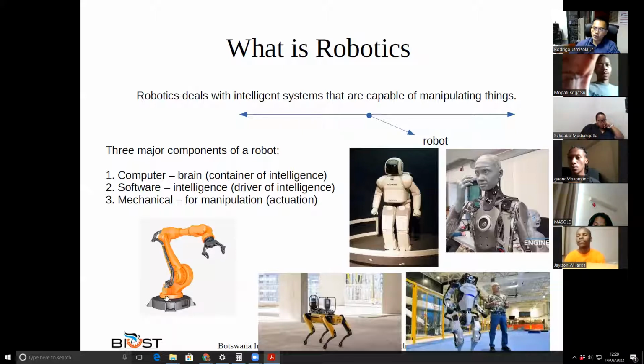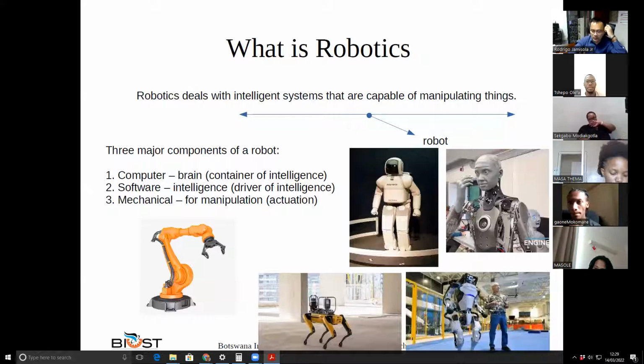The two basic components of the robotic arm are a base and a hand. The hand is also called an end effector. So this hand movement with respect to the base is what we are dealing with in this class. Okay, so do you have any question on this slide?